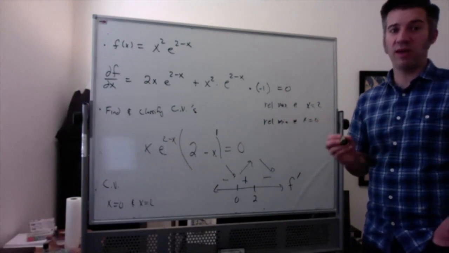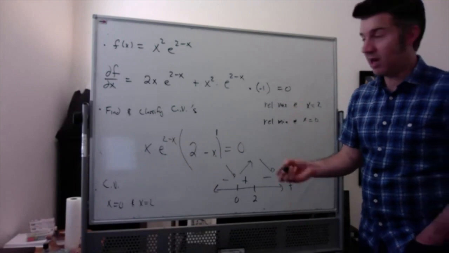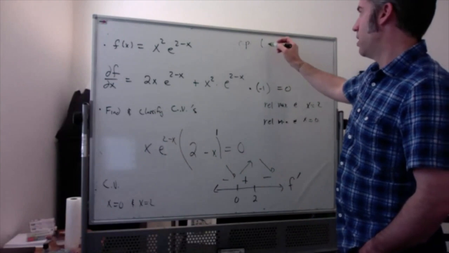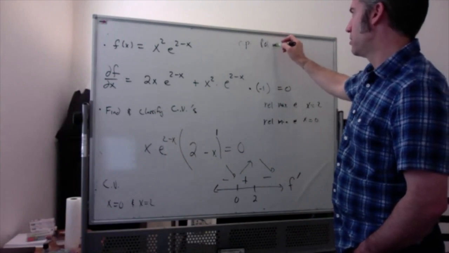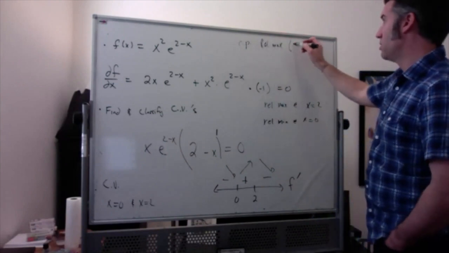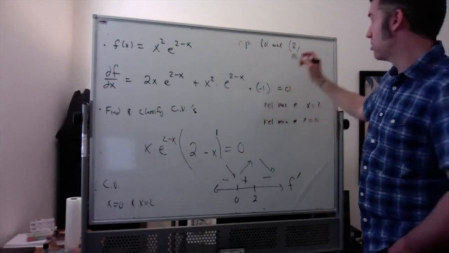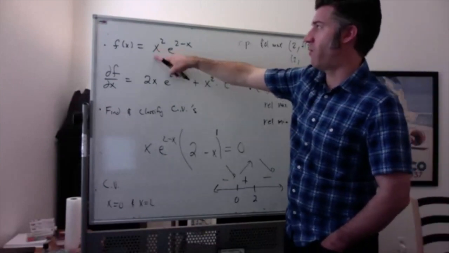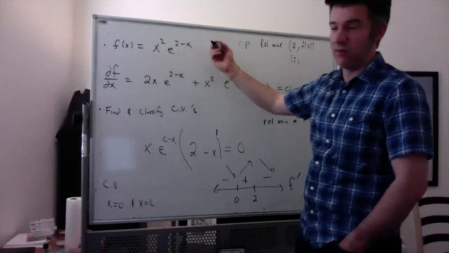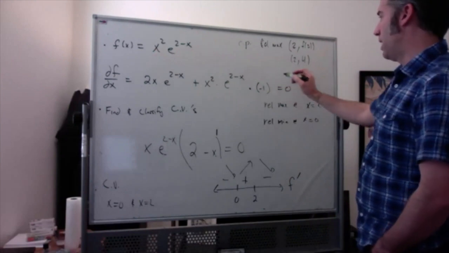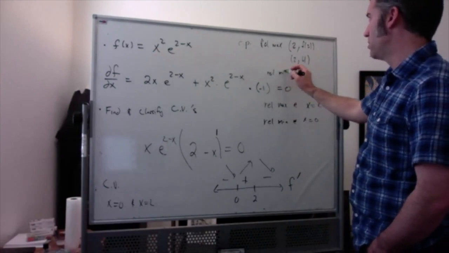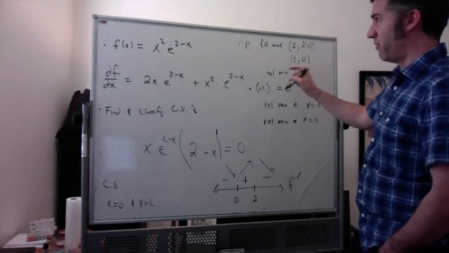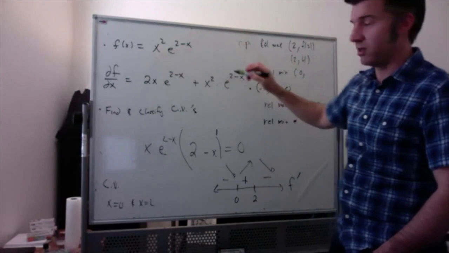If someone specifically asked for the critical point, I would say the critical point is a relative maximum at 2 comma f of 2, which would be 2 comma, if I plug in 2 here, I get 4 times e to the 0, which is just 4. And I have a relative minimum at 0 comma f of 0, which is going to be 0 comma, if I plug in 0, I get 0 times whatever is 0.